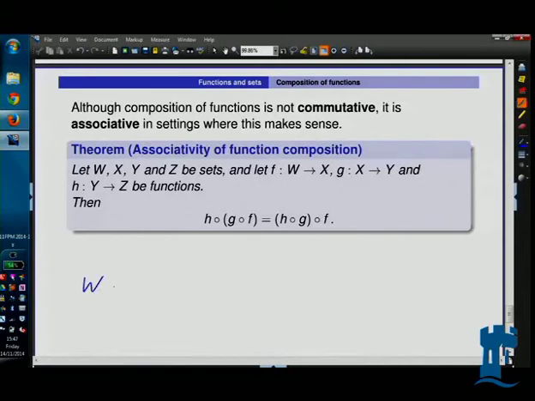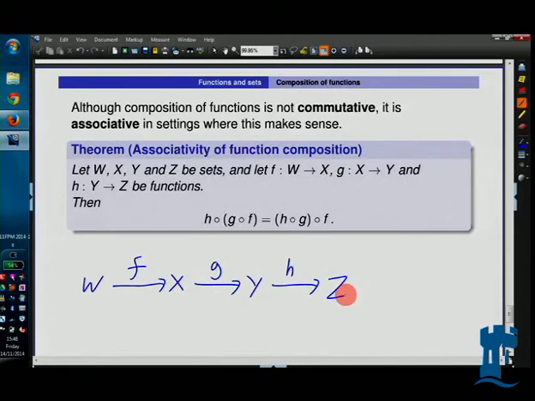We've got W, X, Y, and Z. We've got f going from W to X, g going from X to Y, h going from Y to Z. Now, you can compose g with f to get a function from W to Y. You could also compose h with g to get a function from X to Z.